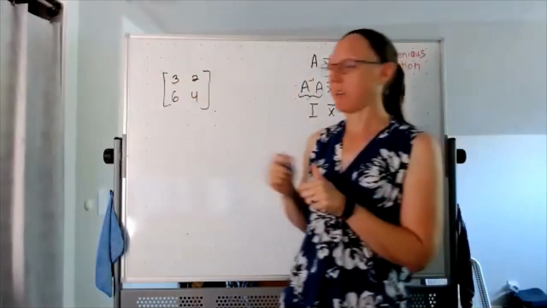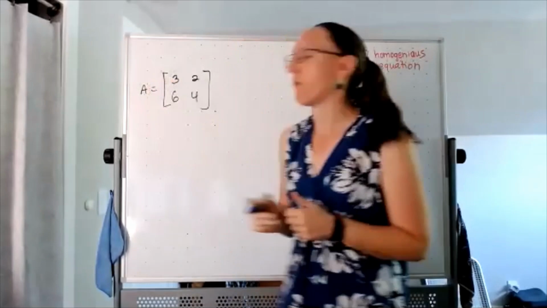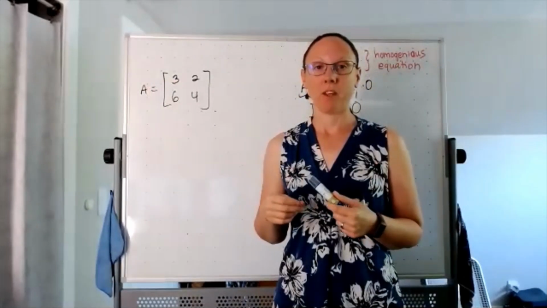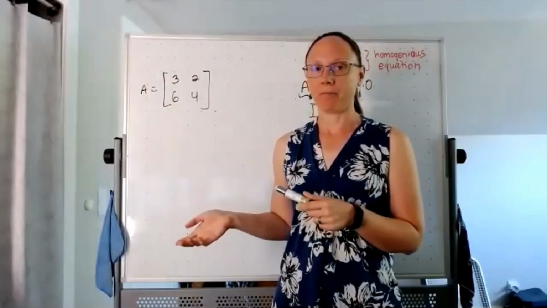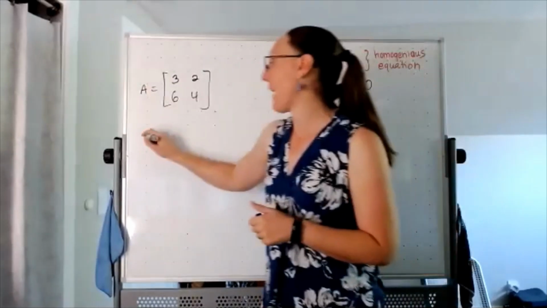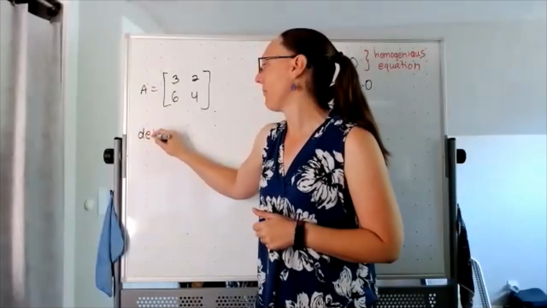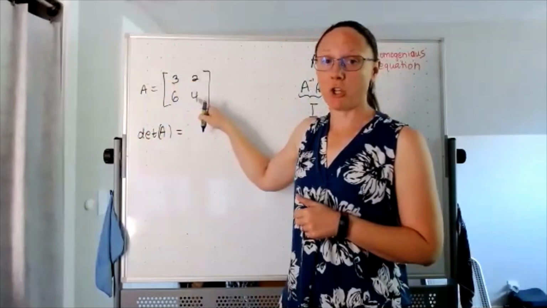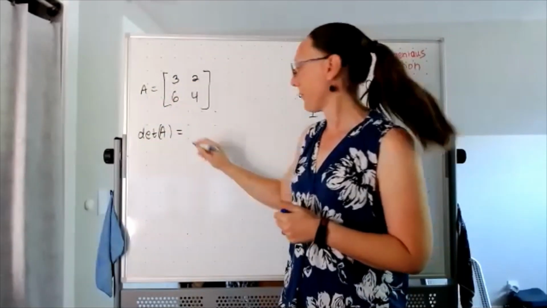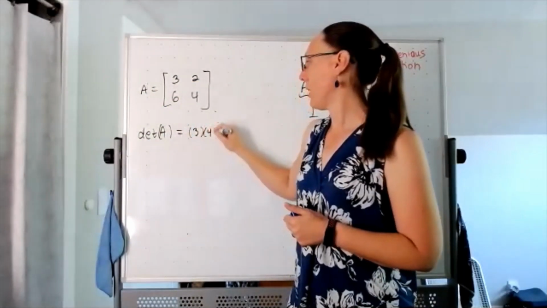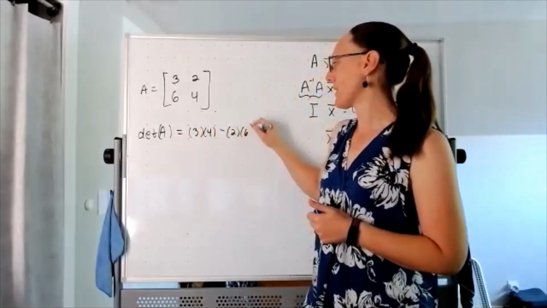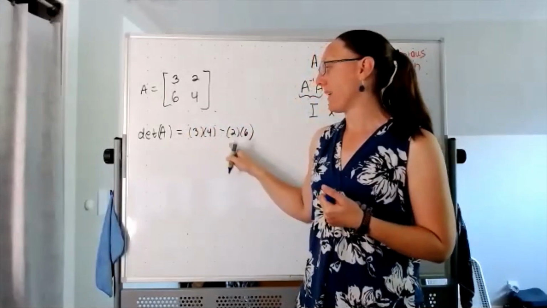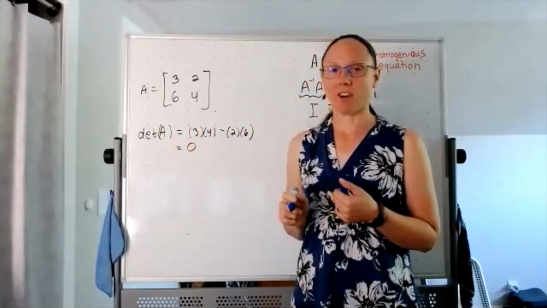I claim that this matrix, and just for fun, I'll call it A, is singular or non-invertible. And the way that I would show that is by calculating the determinant of A. Well, the determinant of A I would get by doing 3 times 4 minus 2 times 6. Now I have strategically chosen this matrix such that 12 minus 12 is equal to 0.